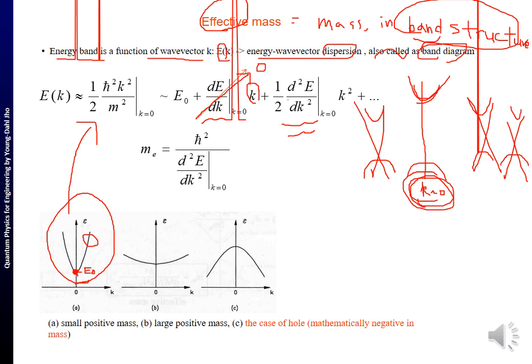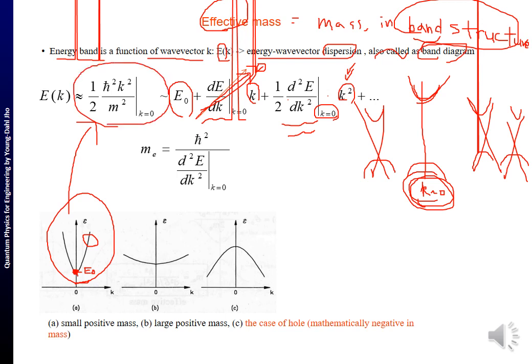That's the idea of expansion, right? So d square E/dk square at k equals 0 point, multiplied by k square. So this is 0, and let's ignore this constant value. We only care about this k square dependent term. Then look at this.